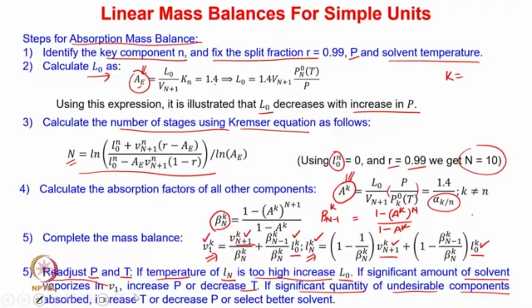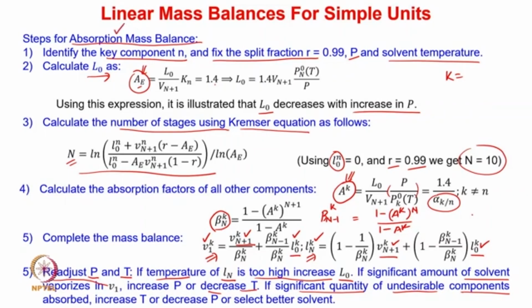Remember, we wanted the absorption of the desired component, not the undesired component. So in that case we have to increase the temperature and decrease the pressure, or otherwise we have to use a different solvent. So this is all about the mass balance for the absorption unit.